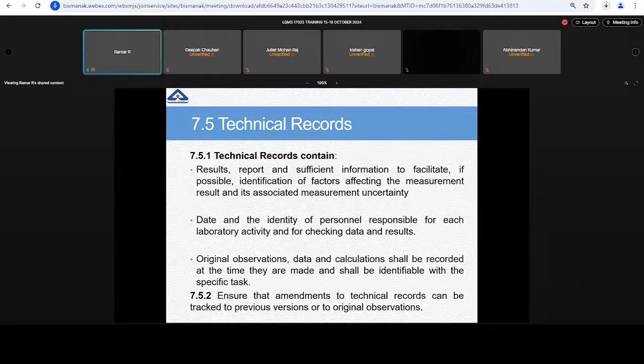So ensure that amendments to technical records can be tracked to previous versions or to the original observations. This is what technical records. So how to maintain, what things are to be maintained and retained, and how amendment is to be made. So everything is addressed as per clause number 7.5.